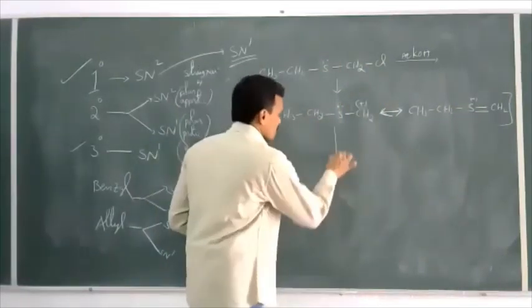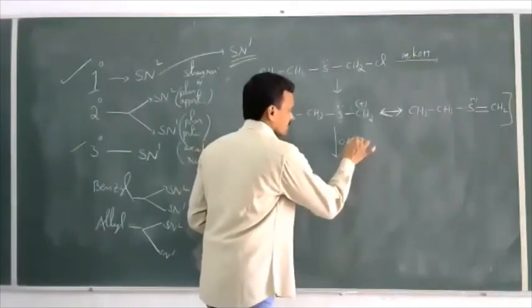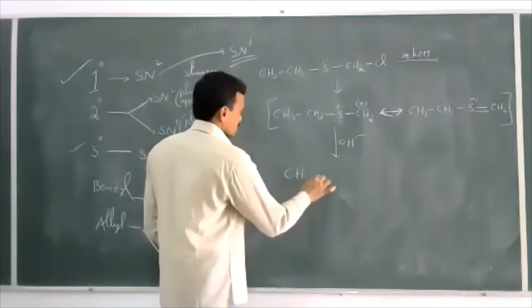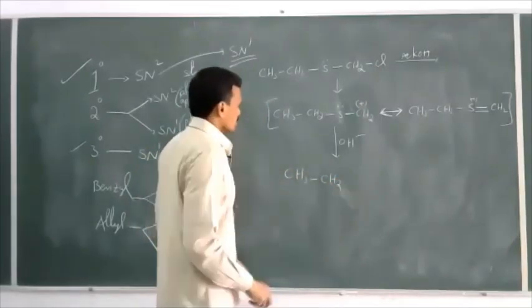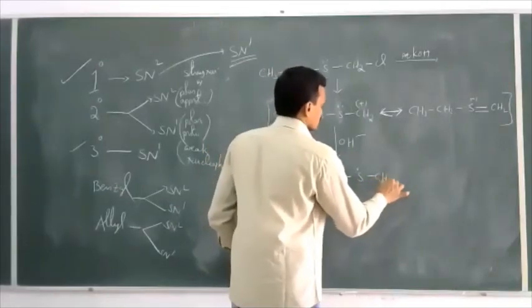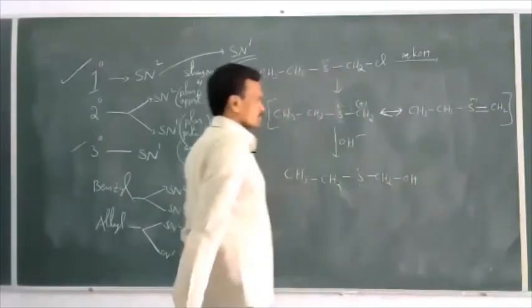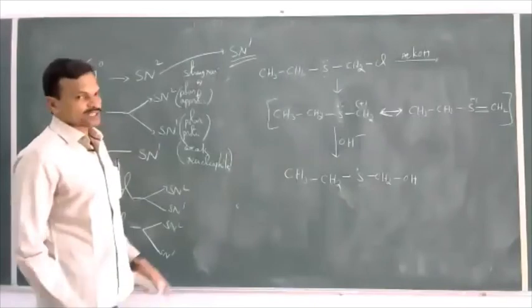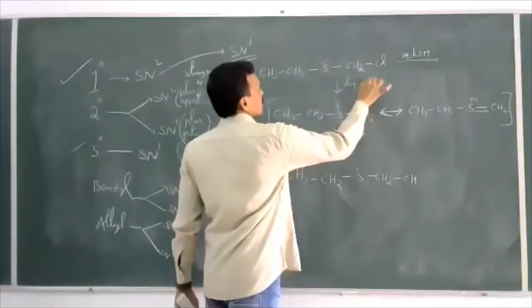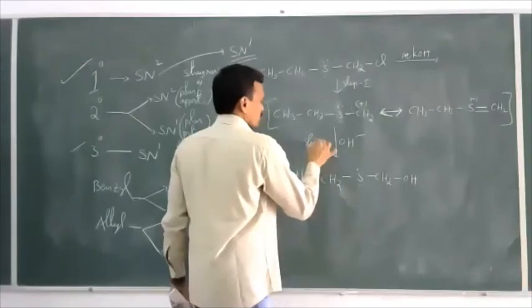Now this carbocation is attacked by OH minus, and we can get the product like this: CH3, CH2, S, CH2OH. So here the reaction takes place in two steps. This is step 1 and this is step 2.